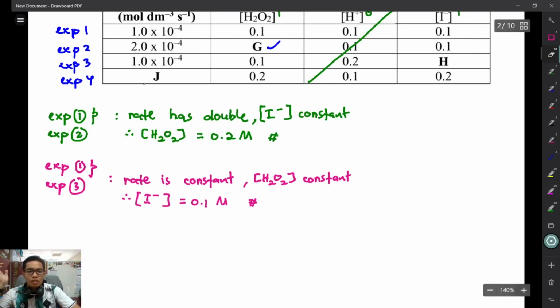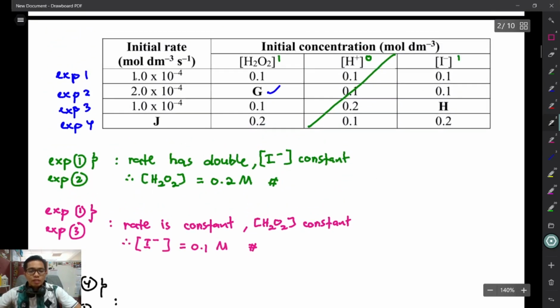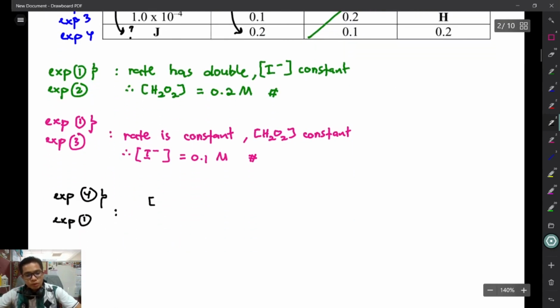Okay, and then the last one, J. So the comparison is between experiment 4 and experiment 1. The rate is unknown, because it is the rate we want to find. The concentration of H2O2 doubles, so when it doubles, the rate should increase by a factor of 2.